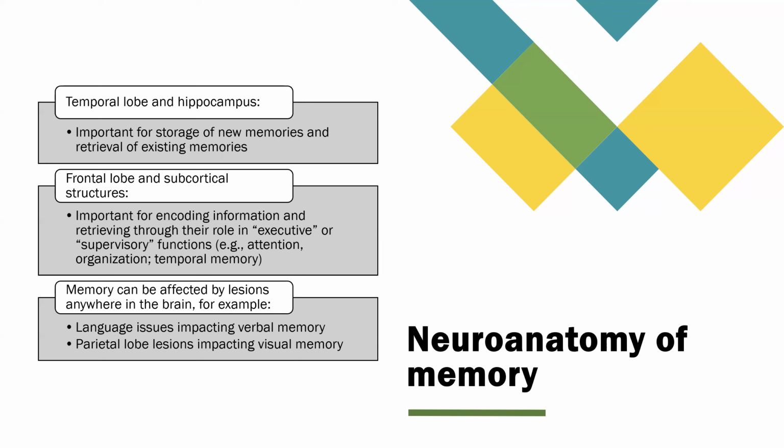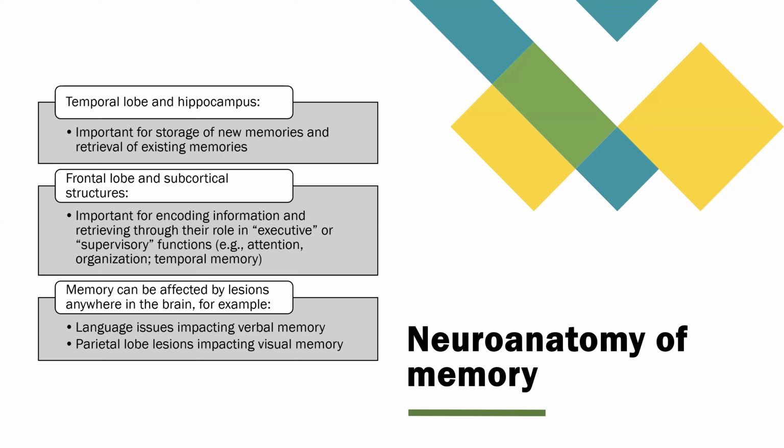And it's important to consider too that memory can be affected by lesions anywhere in the brain. So let's say the individual is having trouble with language because of where their lesion was. Those language issues can also impact their verbal memory.